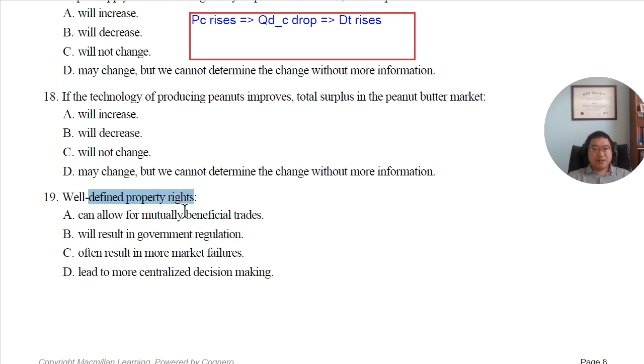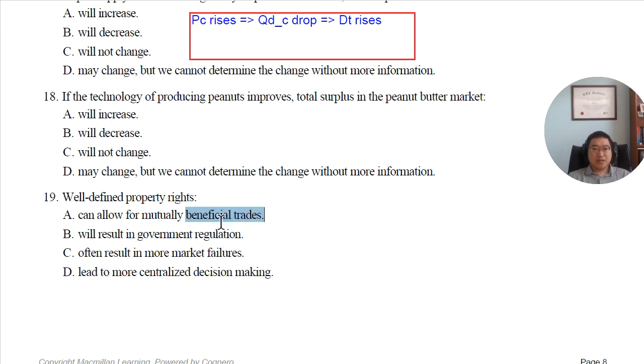If the property rights are not well defined, somebody wants something, they just go to the store and grab it. What will happen is eventually the supply won't be there, because it's the fruit of their labor, right? They put in time and labor and all the trouble to provide that product or service into the market, and it can be taken away without any compensation.